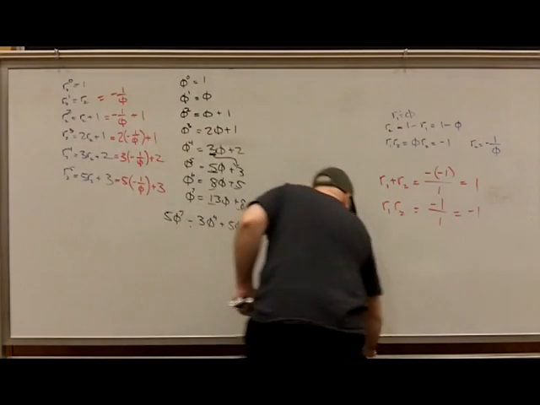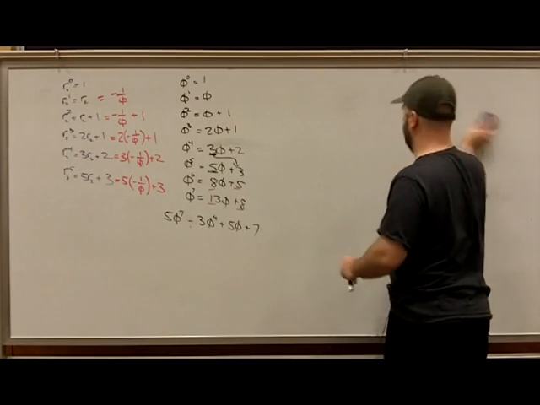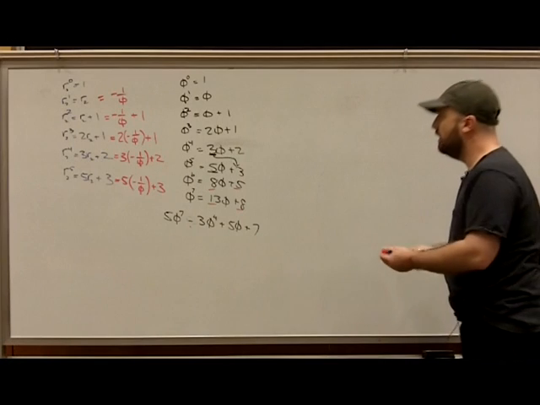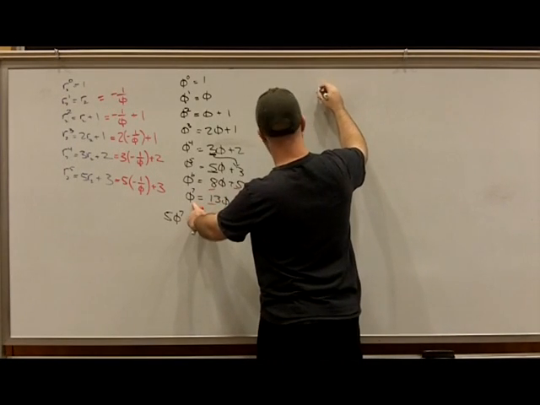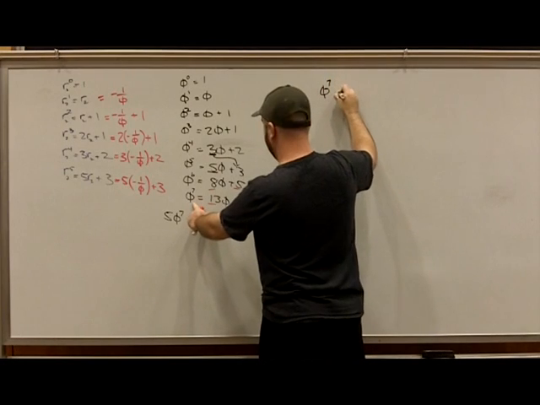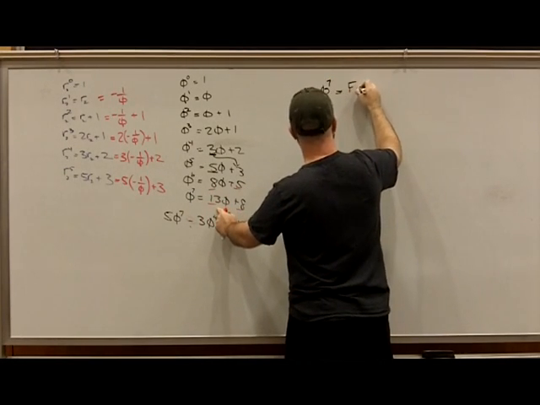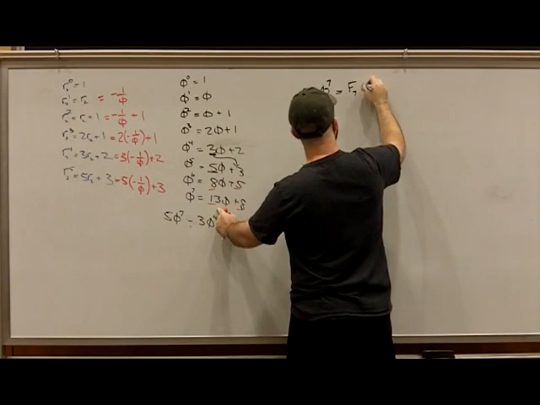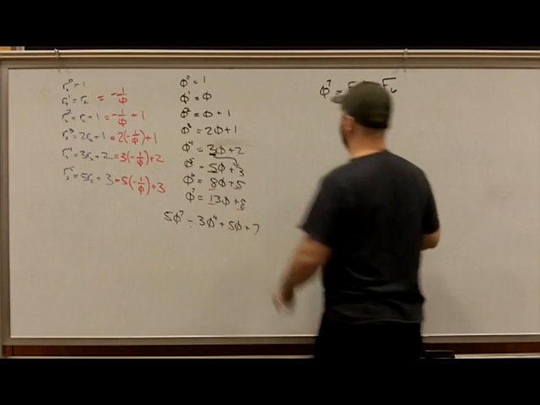And I'm going to write these in a way that highlights that. Write things in a different way, see what you get. So phi to the 7th equals the 7th Fibonacci number times phi plus the 6th Fibonacci number.